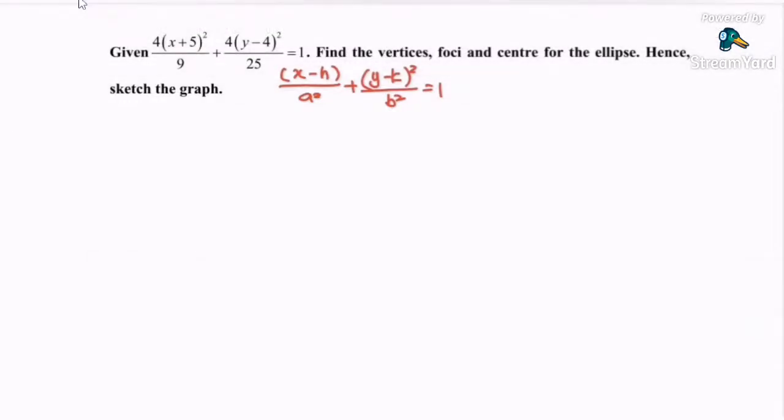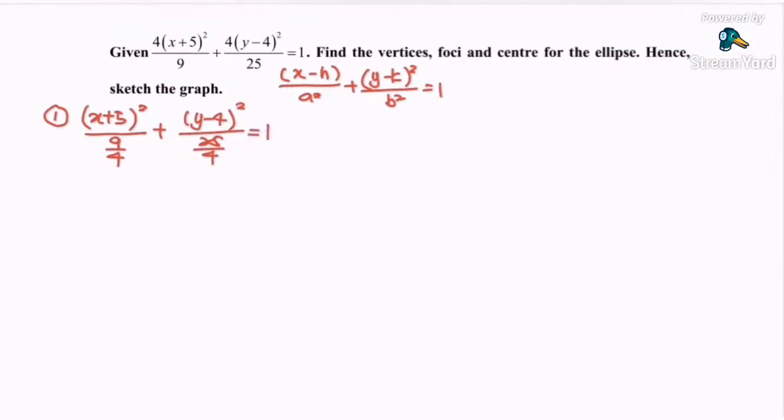So given the standard form, find the vertices, foci, and the center for the ellipse. Hence, sketch the graph. So kindly compare the equation. So step number 1, rewrite the equation in the standard form, where we have x plus 5 bracket squared over 9 over 4 plus y minus 4 bracket squared over 25 over 4 equals to 1.